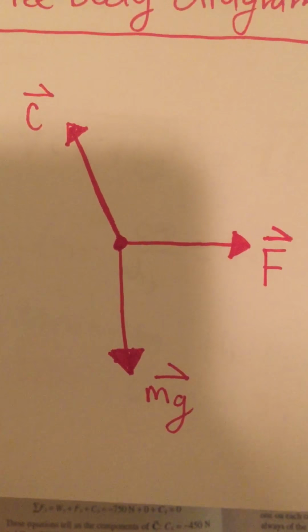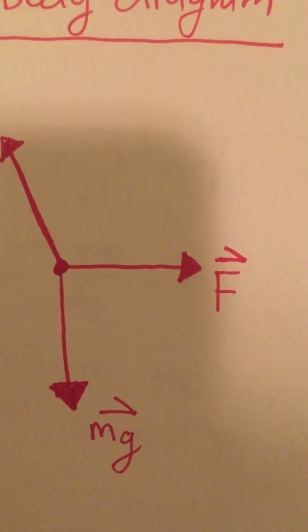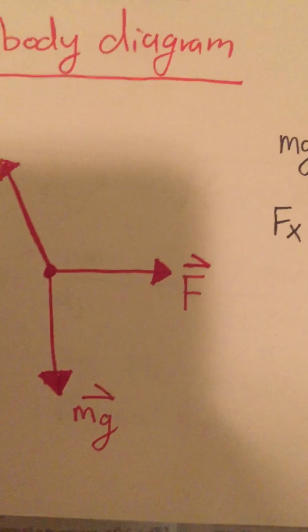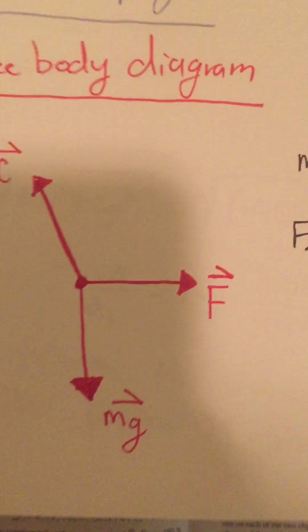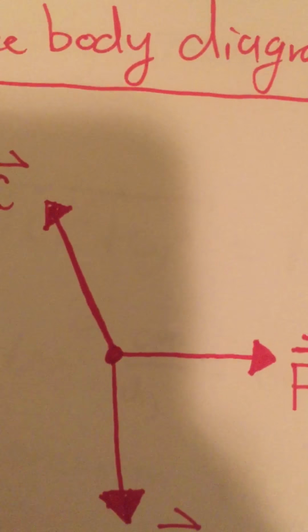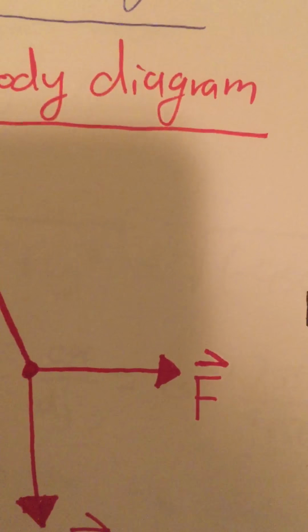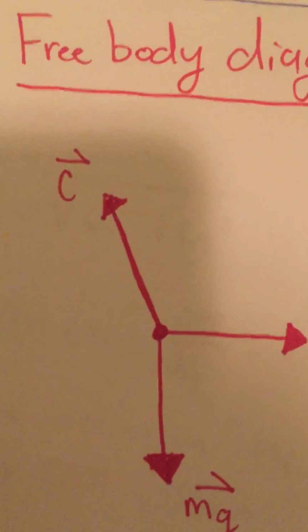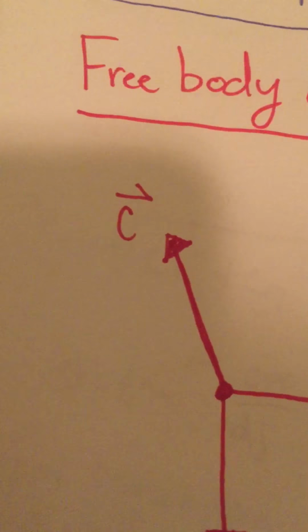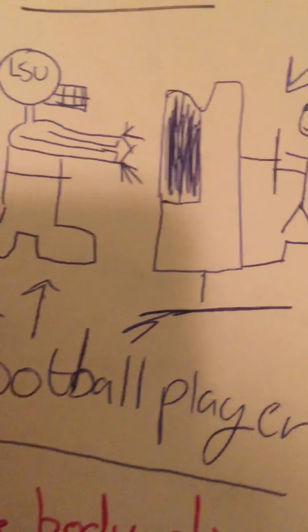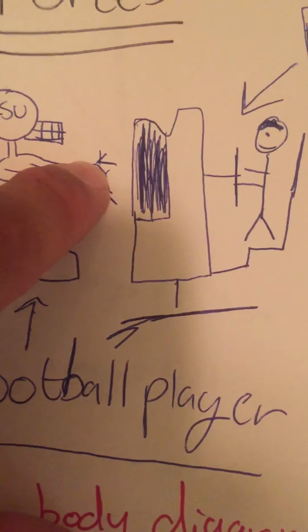Then the force pushing outward horizontally is your magnitude force, and the force pushing upward, which is right here, is your contact force, where the hands of the football player are pushing the sled.